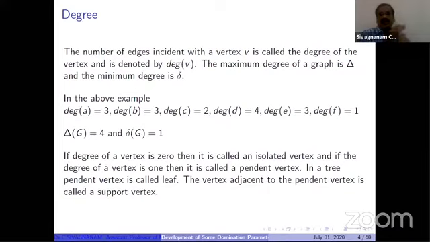So a pendant vertex means degree 1. In a tree, which means a connected acyclic graph, a pendant vertex is called a leaf. Leaf means a vertex with degree 1. The vertex adjacent to the pendant vertex is called a support vertex. Okay, these are the basic ideas. Everyone knows this.